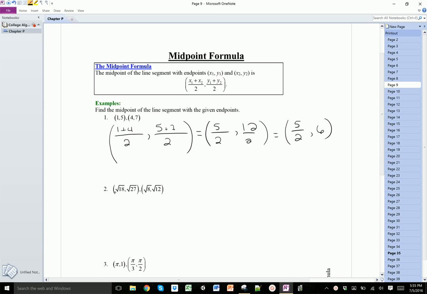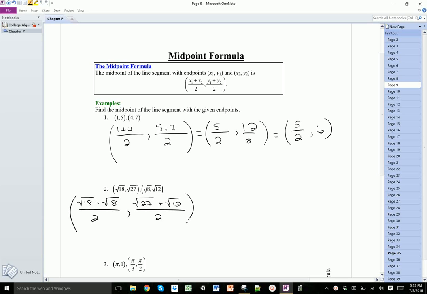So with number 2, we're going to do the same thing. So I'm going to do the square root of 18 plus the square root of 8 divided by 2, the square root of 27 plus the square root of 12 divided by 2. Now we simplified these earlier.